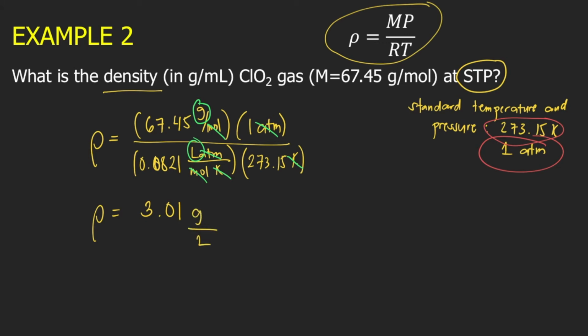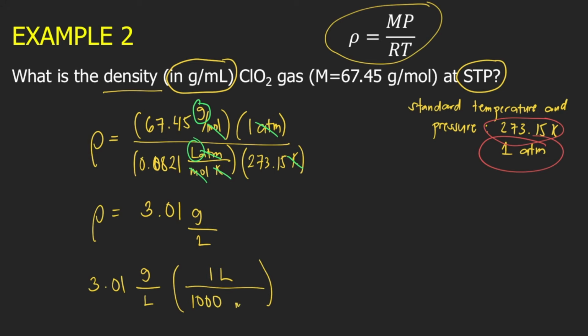But if you read the question, it's asking for grams per ml. So we will convert our answer from grams per liter to grams per ml. So we have 3.01 grams per liter. We know that 1 liter contains 1,000 ml.